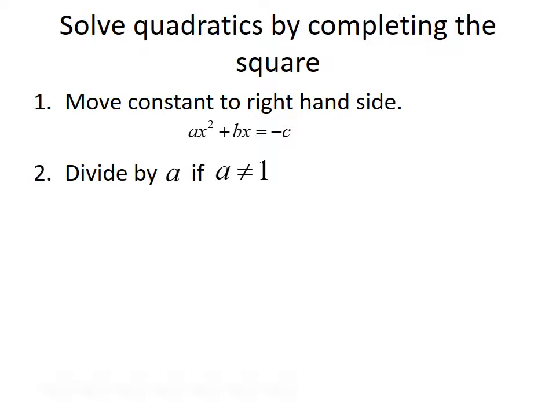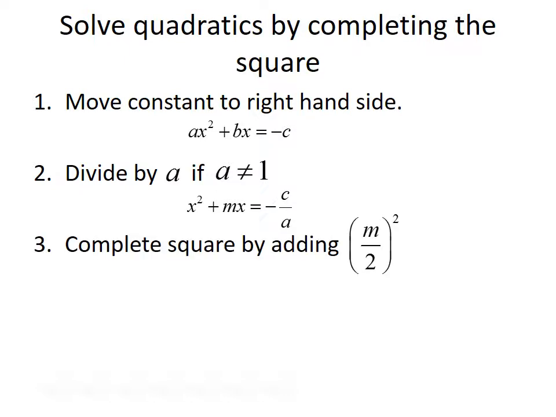The next step is to divide by the number a if a is not equal to 1. Completing the square only works if the x squared coefficient is equal to 1. So if your x squared coefficient is anything other than 1, you need to divide by it. This would give us x squared plus mx equals negative c divided by a.